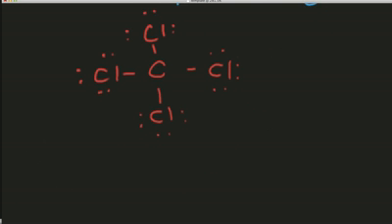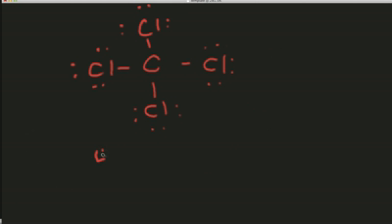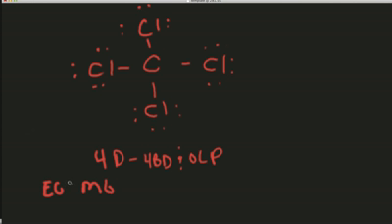If you were to do that, you would see 4 domains. They're all bonding domains. No lone pairs. So again, we would have MG and EG be the same thing. In this case, it would be tetrahedral, and our bond angle would be 109.5.